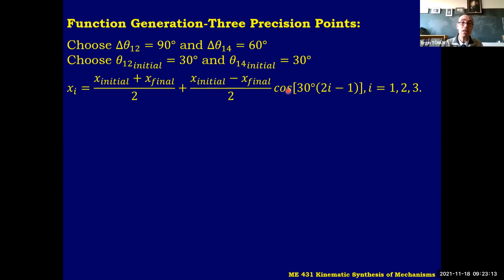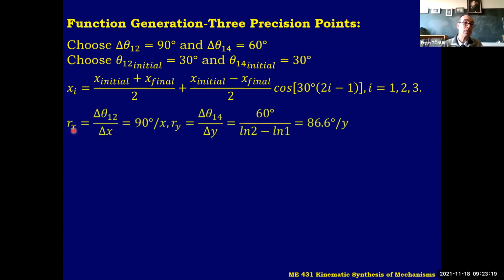Now, we need two scaling factors. One is Rx, that is how much theta 1,2 is changing per our X value. And we had selected a crank rotation of 90 degrees, and the range of X was 2 minus 1, 1.